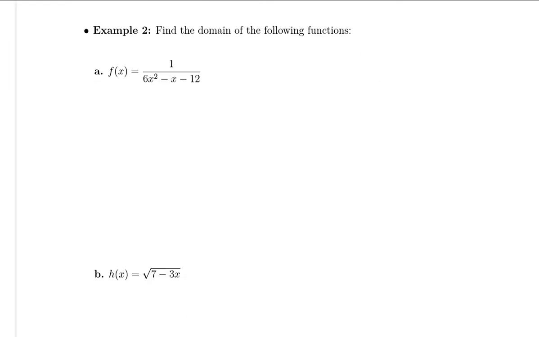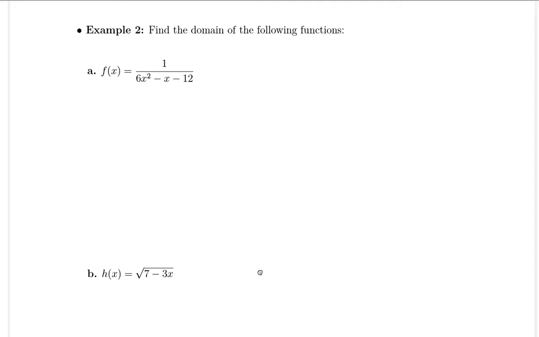All right, let's do a couple of problems where we're looking at equations. So remember that the two things that we are trying to keep in mind is that we don't want to divide by 0, and we only want to take the square roots of non-negative numbers.